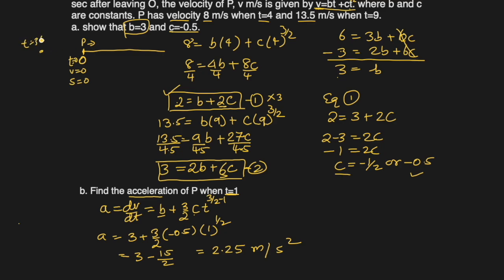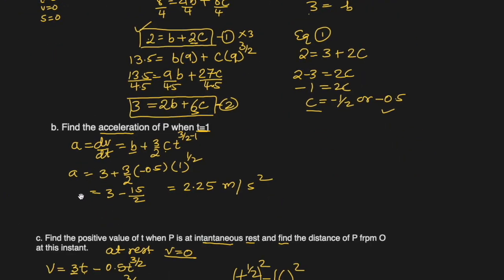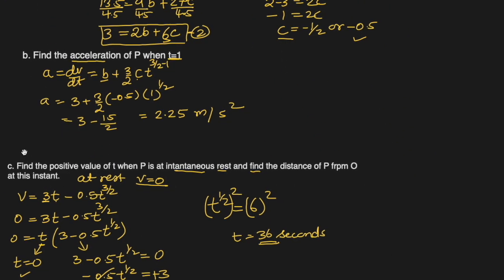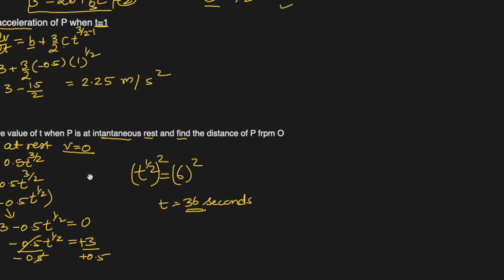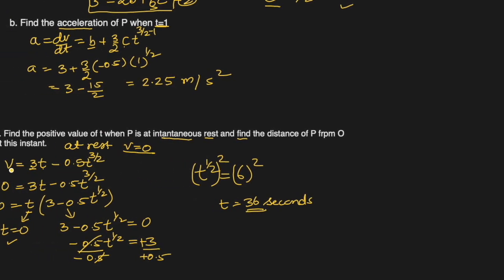They are saying find the distance between this point and O. So basically they are asking us the displacement. No matter where it is at t equal to 36, it will always be displacement, and that makes our job easier. That means we have to find displacement at t equal to 36, but we know the equation of velocity only. So we'll get the equation of displacement from this.